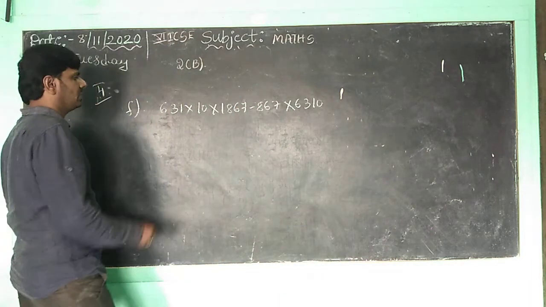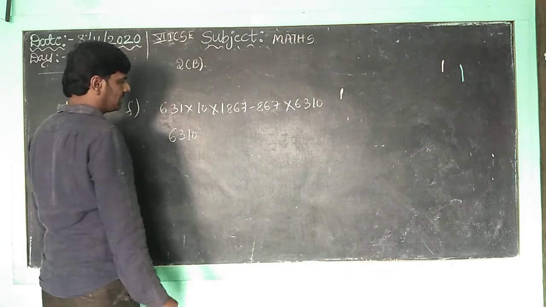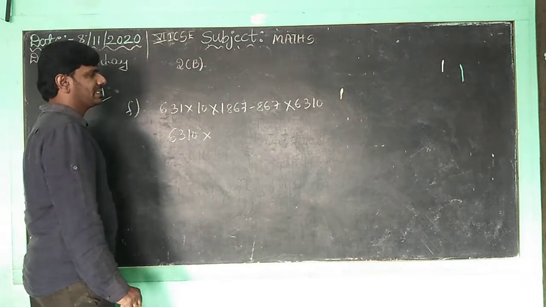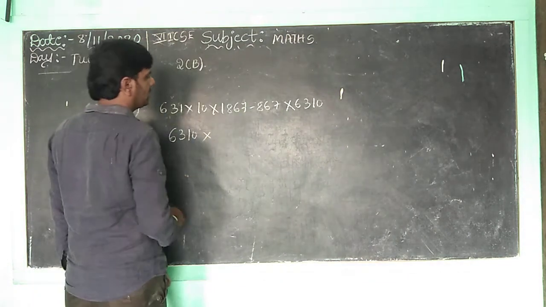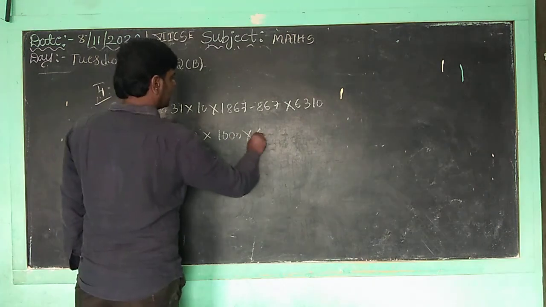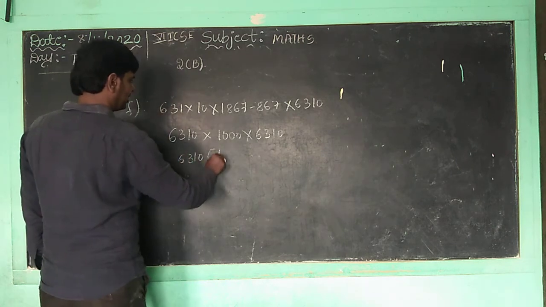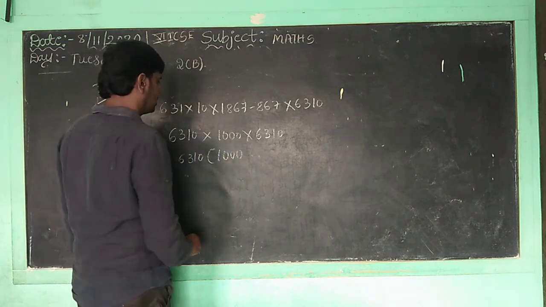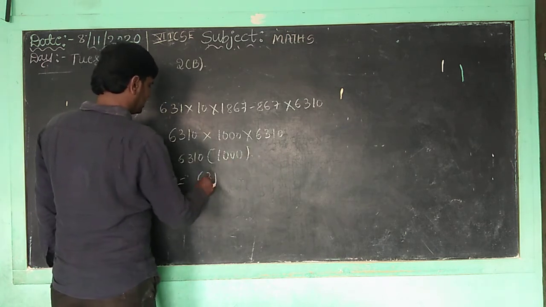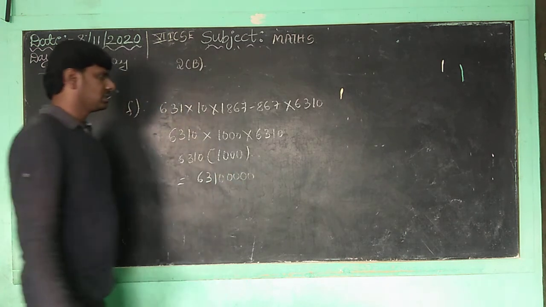See, children, 631 into 10 is 6310. Here also 1867 into 6310. We want to take 6310 common into 1000. Correct, children? Now we want to multiply here. So 6310 and 3 4 4. This is the product.